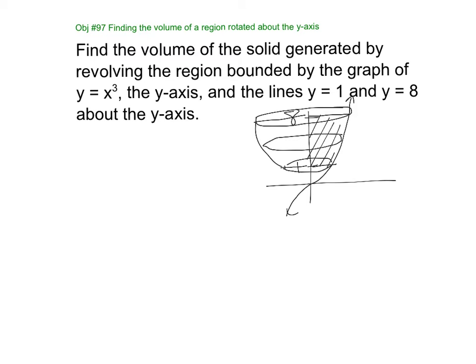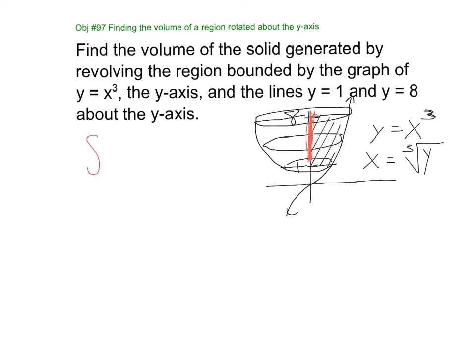All right, so because we're rotating around the y-axis, we need everything in terms of y. So if we have y equals x cubed, that means x equals the cube root of y. So this is flat up against the axis, so we don't have to worry about subtraction or anything like that.